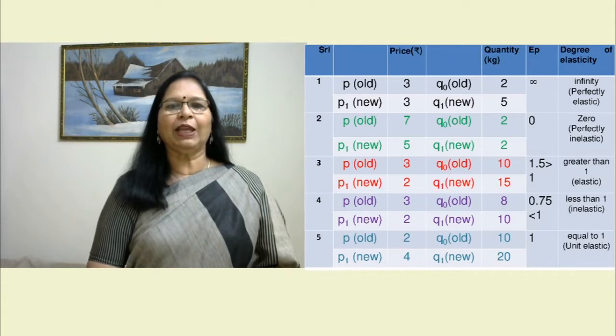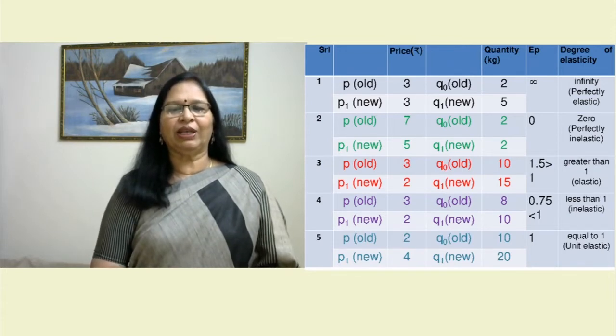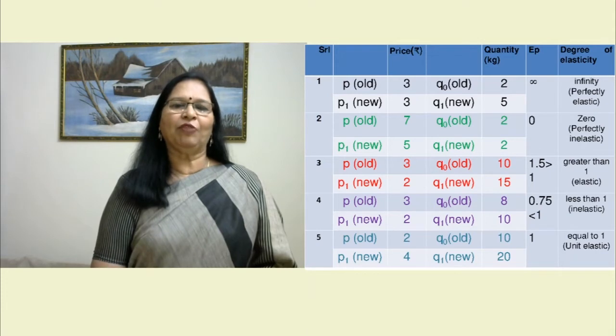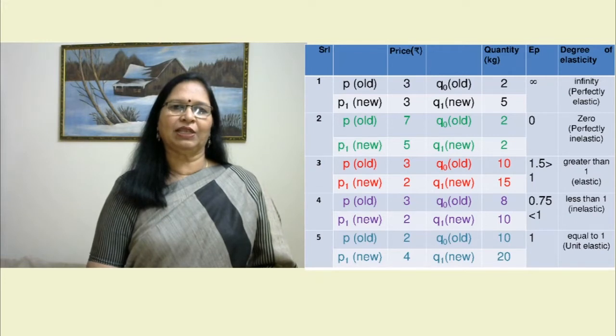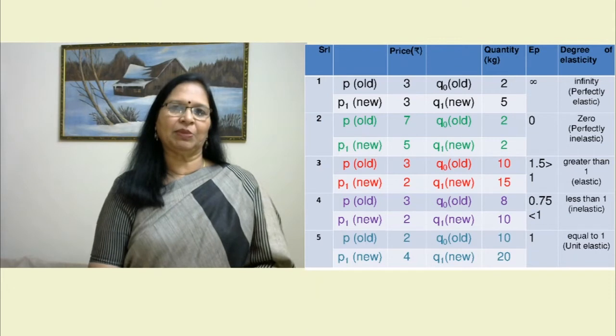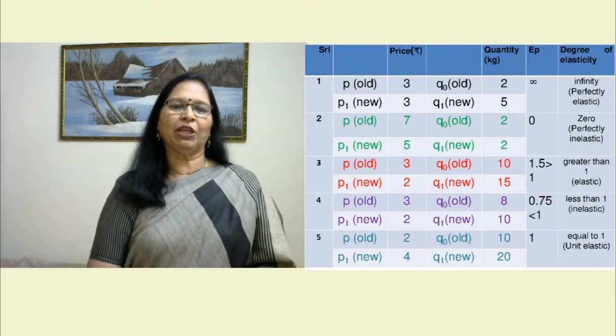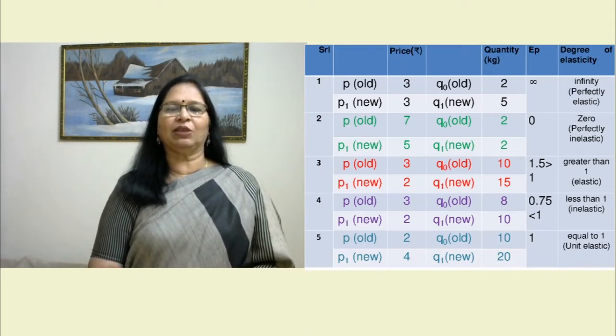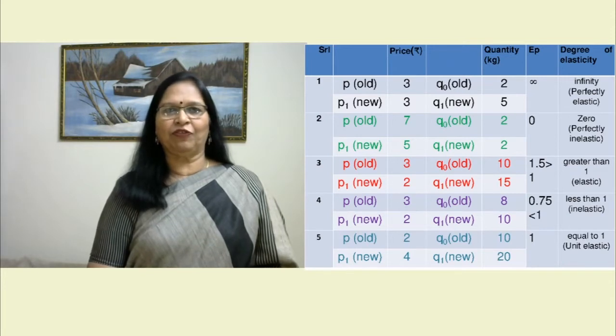Then we can see the third one, which is the red colored pair, where you have price as 3 and the new price is 2, and the old quantity at 10 and the new quantity at 15. So in this particular case, if you apply the formula delta Q by delta P into P by Q, you will get a value of minus 1.5.